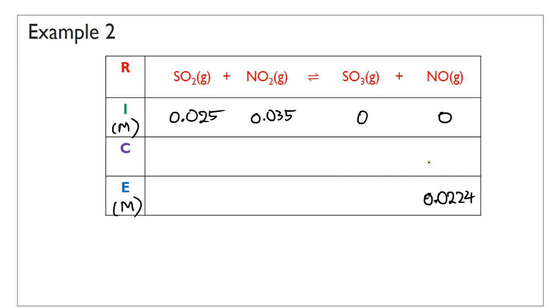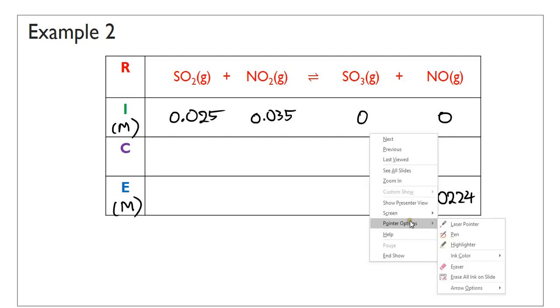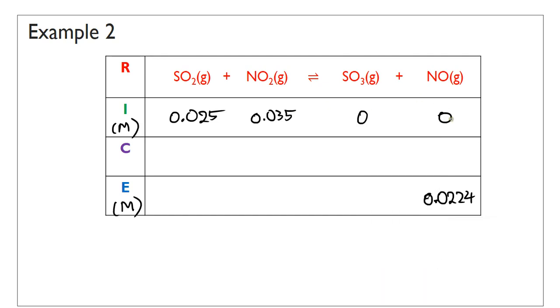And now all you need to do is to fill in the change row. So if you start with 0 and end with 0.0224, you must have added 0.0224. So this is the amount that has been added to NO. This one's actually very easy because the mole ratio is just 1 to 1 to 1 to 1. So you don't actually have to worry too much about mole ratio here.